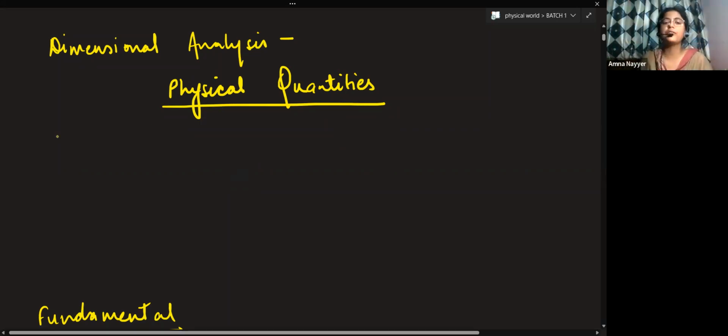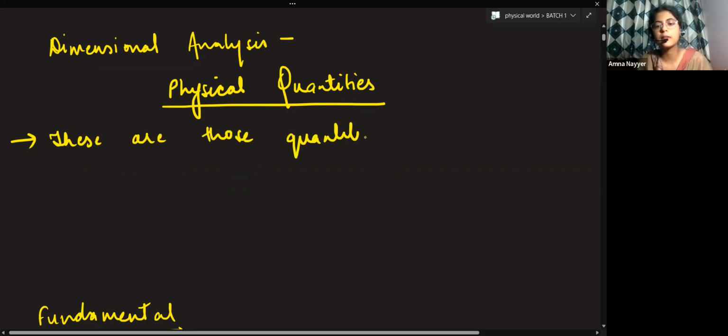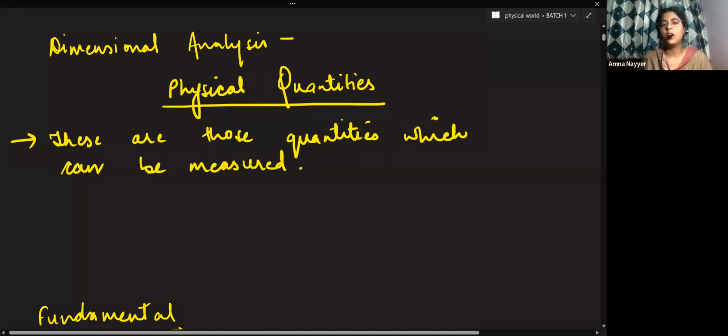So the definition of physical quantity says that these are those quantities which can be measured, like length, mass, time, and many more.